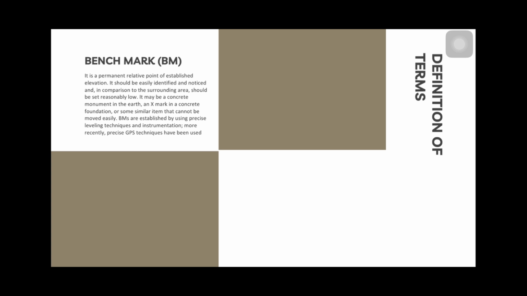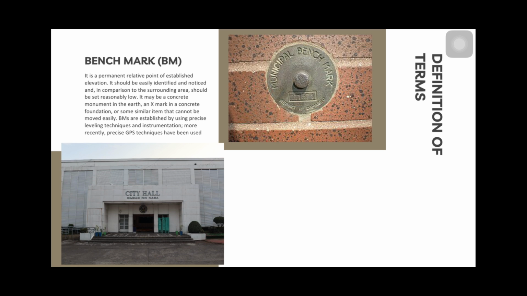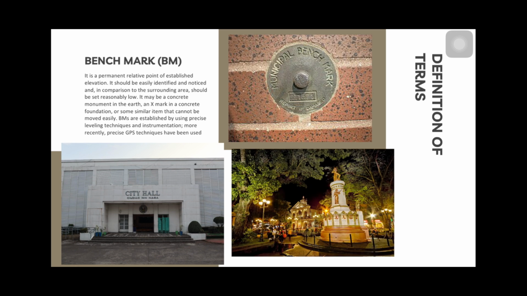A benchmark is a fixed reference point with a known elevation. It's usually a permanent mark like one carved on a concrete post, a building corner, or a monument. Surveyors use it as the starting point for leveling. Think of it as the anchor point that tells us this is our base height.